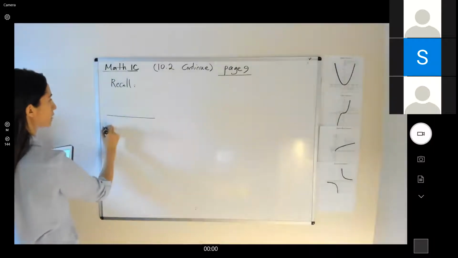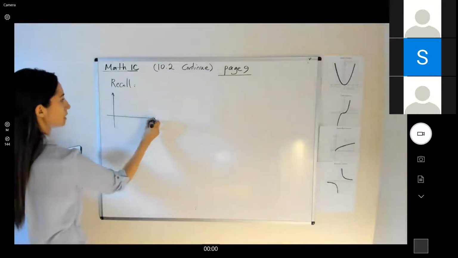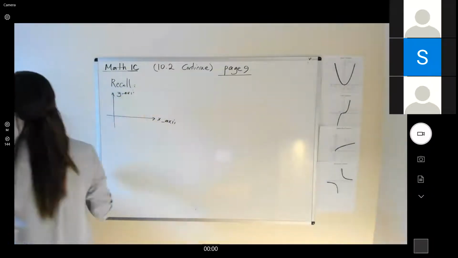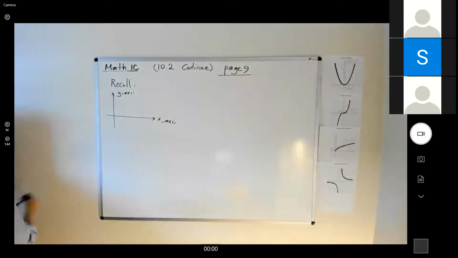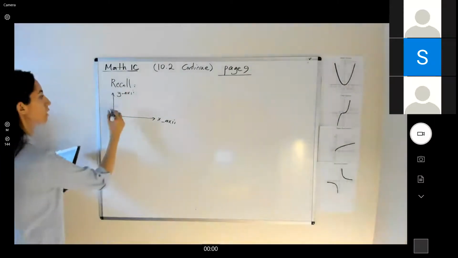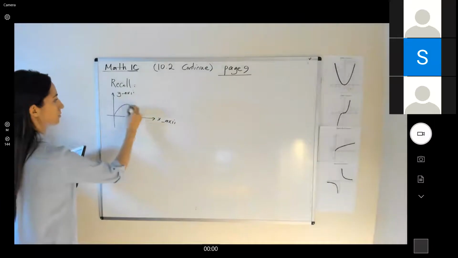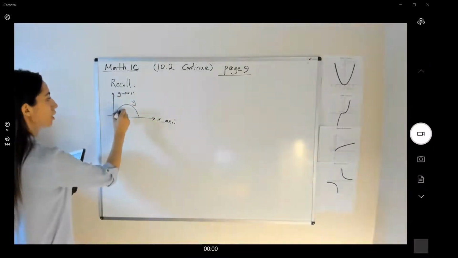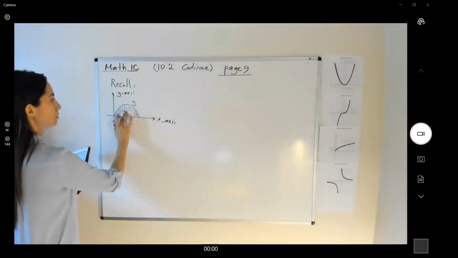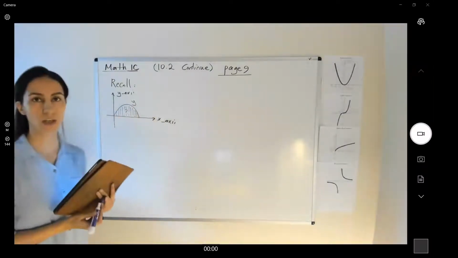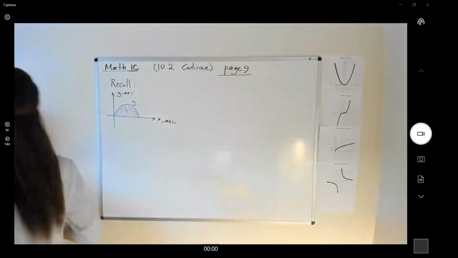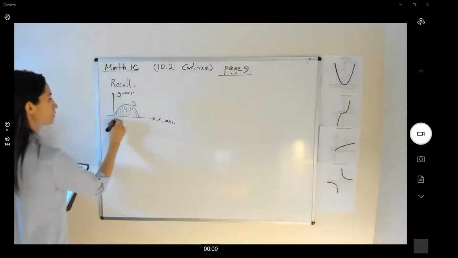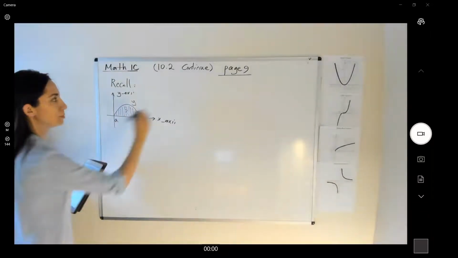Suppose you have a graph in the xy plane, x-axis, y-axis, and suppose you have this graph here. The graph of the function, like this. This is your function y, and your goal is to find this area. To find this area, we use an integral. So suppose it starts from a and stops at b.